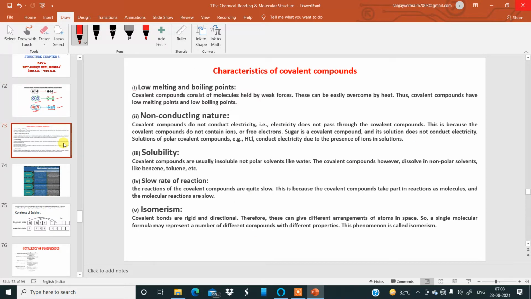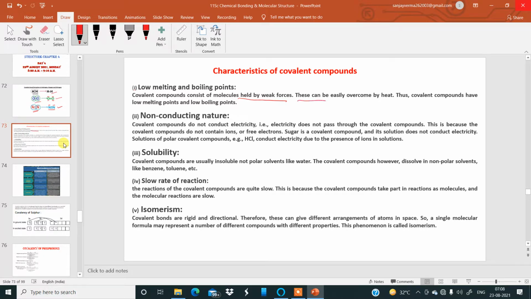Now coming to the characteristics of covalent compounds. The first one, which we already know from before: they have low melting and low boiling points, because covalent compounds consist of molecules held by weak forces, and these weak forces are called van der Waals forces.